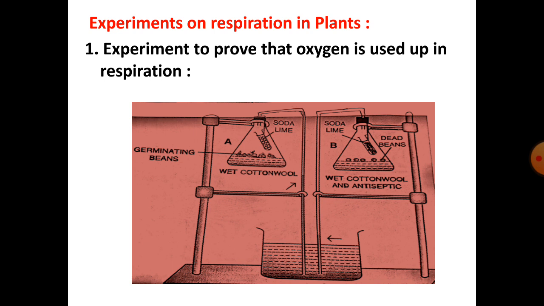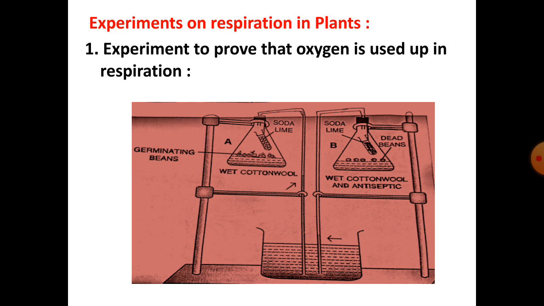Dead seeds means boiled seeds, and some antiseptic is also added to avoid bacterial decay, so that bacteria cannot grow there. And wet cotton is applied so that they can get water from there.